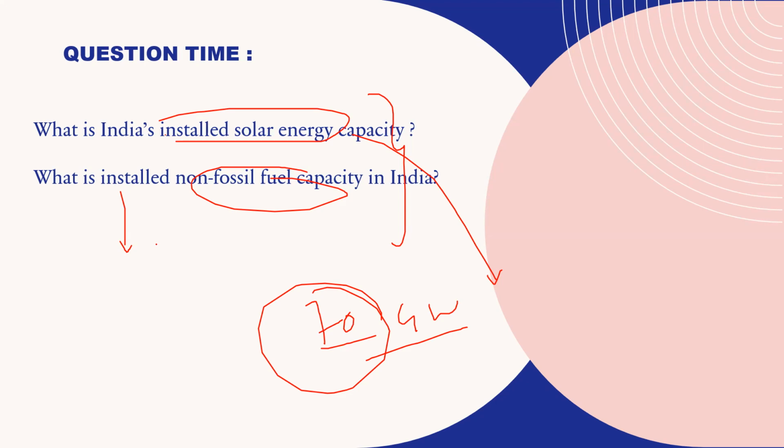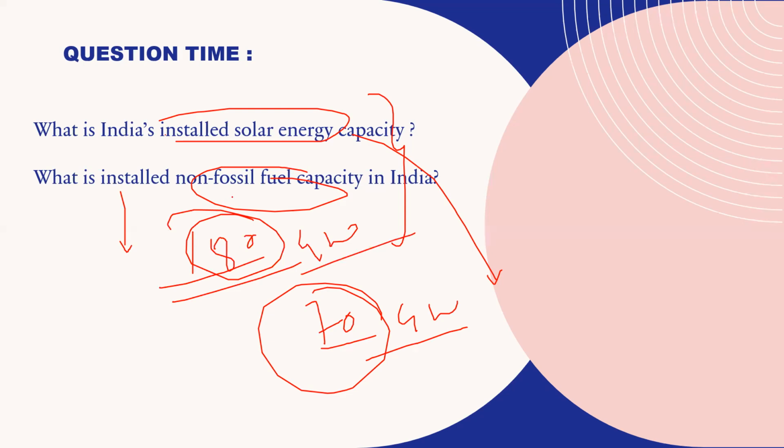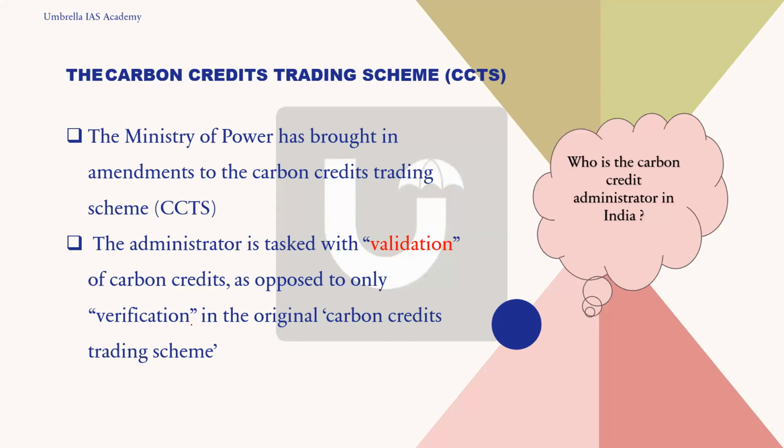I think it's around 170 to 180, so around 180 gigawatt you can say. Total non-fossil fuel capacity is 180, and installed solar is somewhere around 70 gigawatt. Try to remember this, because some factual questions have been asked recently.